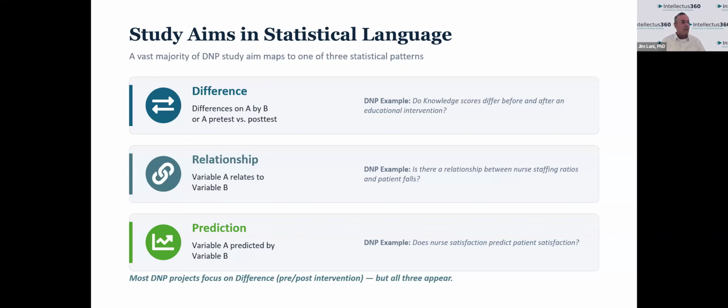The relationship question is a different kind of thing. Here I'm looking at two different variables, typically, and I'm saying, is there a relationship between, what do I have here? Staffing ratios and patient falls. Fair enough question. And relationships, basically when you have scale variables, ratios is a number, falls is a number, with equal intervals, and you're in correlation land there.